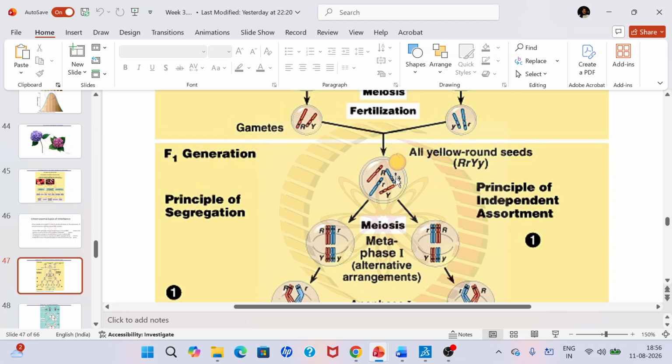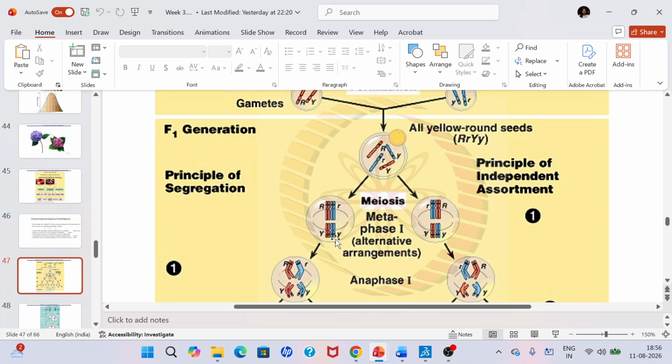And segregation means these characters will be segregated into different gametes to form a haploid set, not a diploid set. Then further, when the male and female gametes fuse, it will complete this set to form a diploid set.